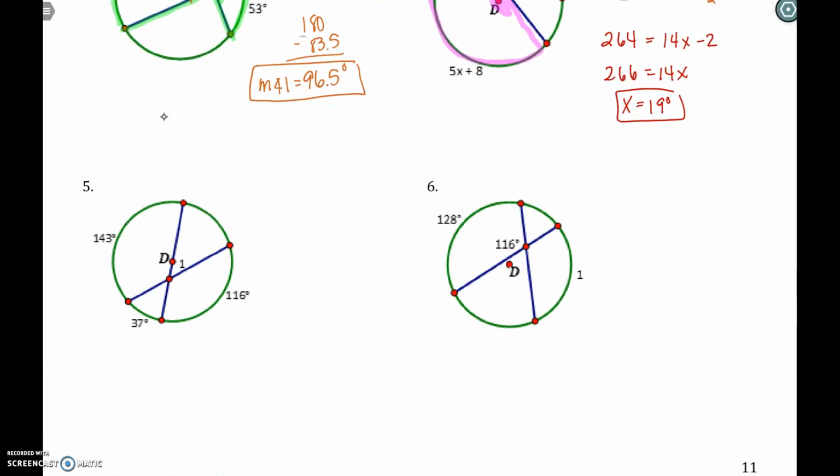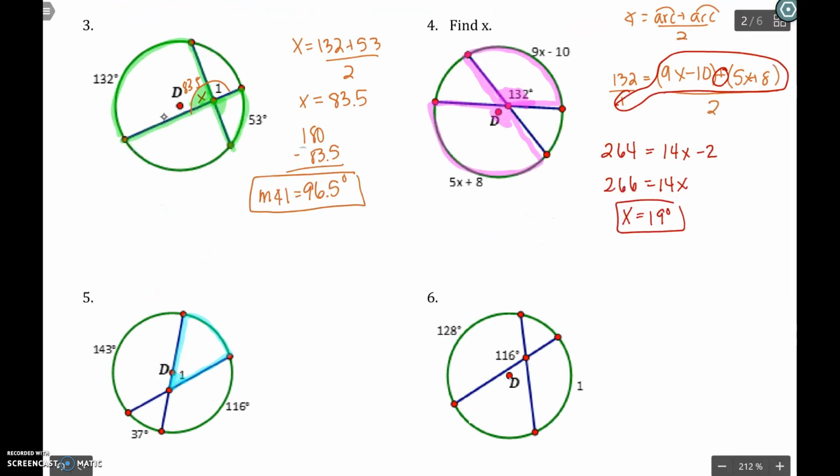All right, for number 5, we're looking for angle 1. So we have 2 options here. We can use the supplement and do what we already talked about back when we did number 3. Or, since we have all the arcs except the 1, we can find the missing arc over here first and then just do our regular formula.